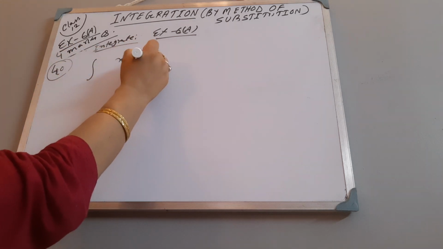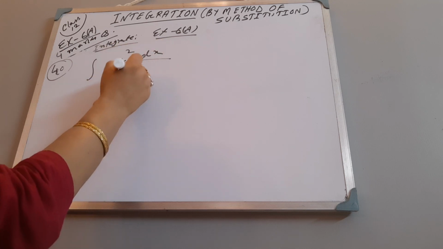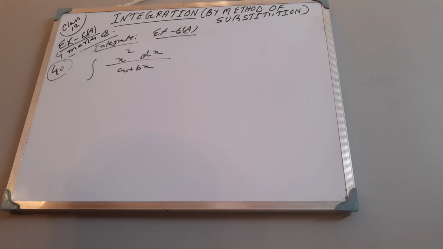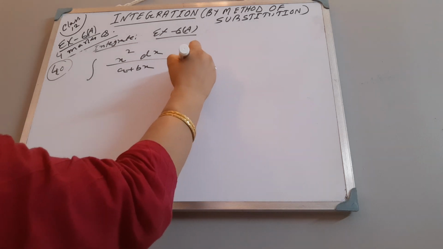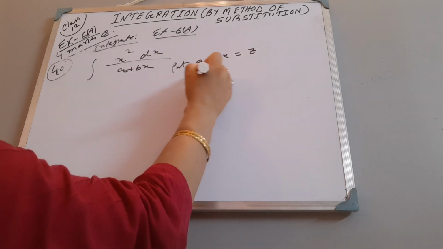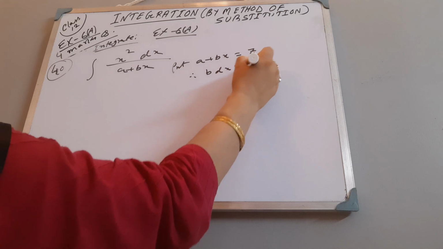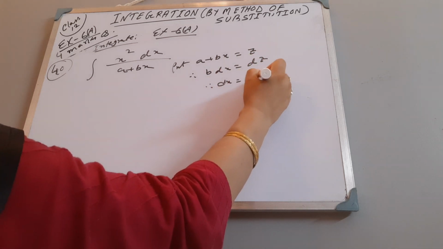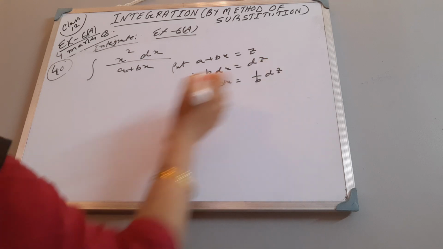Integral x square dx by (a plus bx). Put a plus bx is equal to z. Then b dx is equal to dz. Therefore, dx is obviously 1 by b dz.